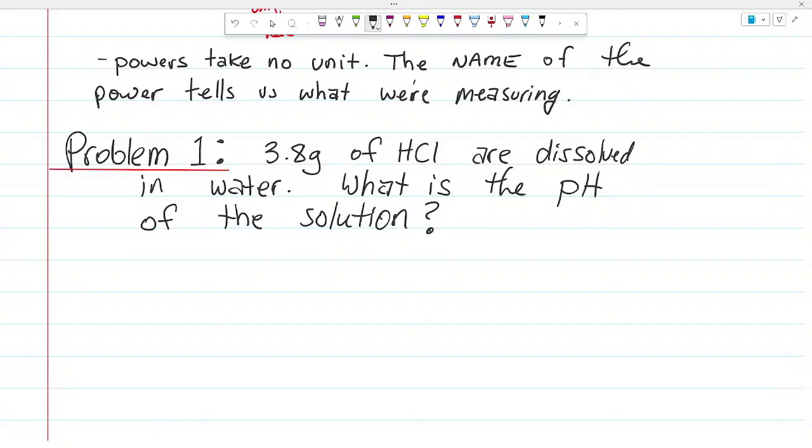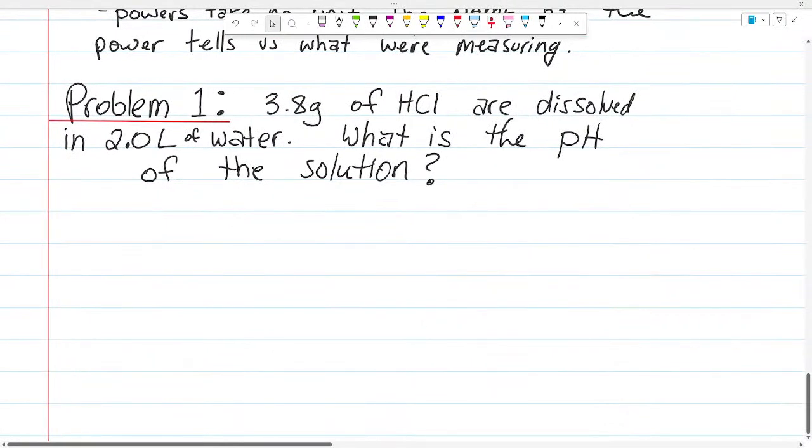I need a volume. Dissolved in, let's say 2.0 liters. So it's pH. So how would you do this? We'll do the first one together.